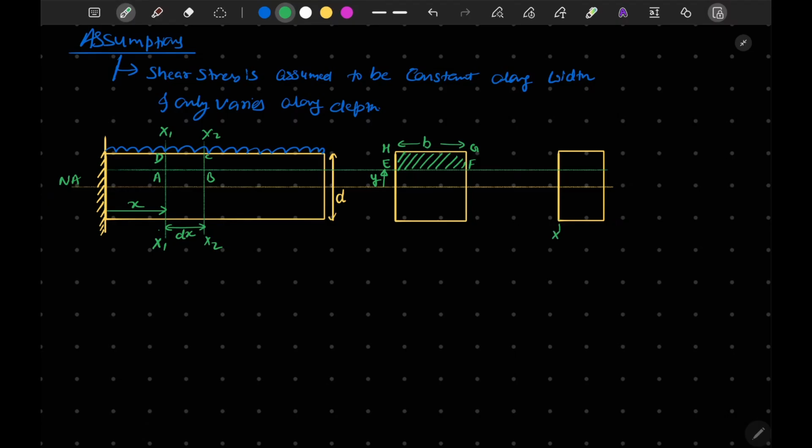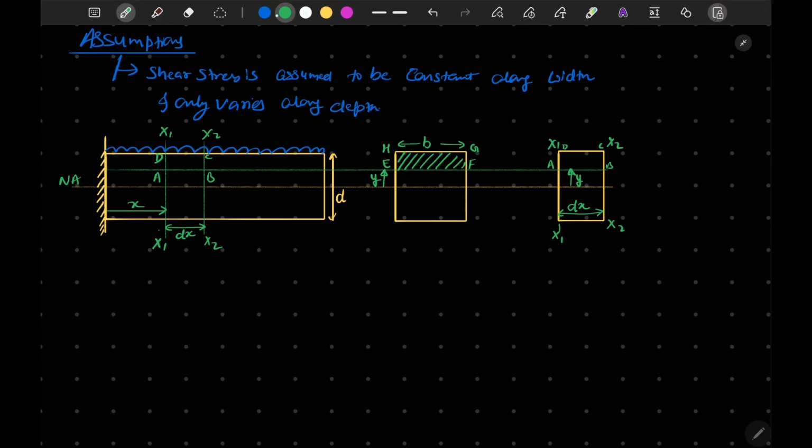This is our x1 plane, this is our x2 plane, and this distance is our dx. At a distance y from the neutral axis, this is our region, that is A, B, C and D.